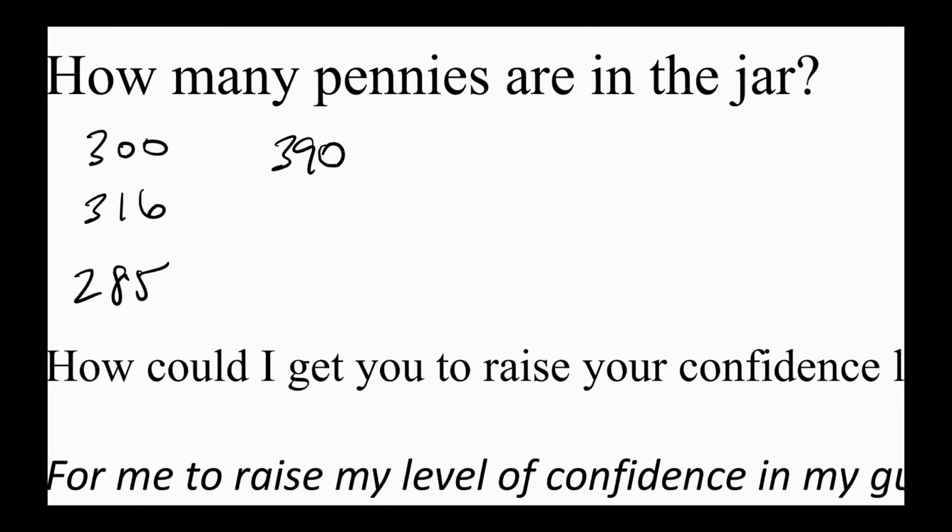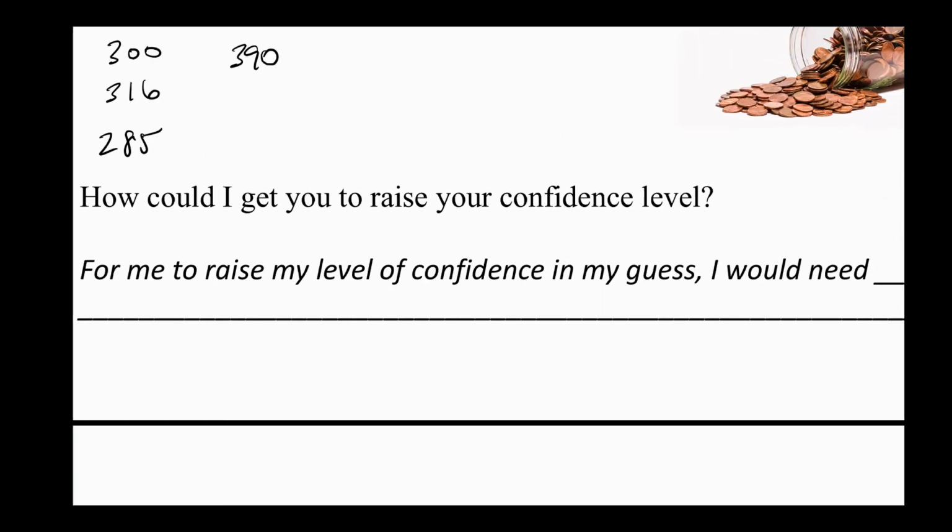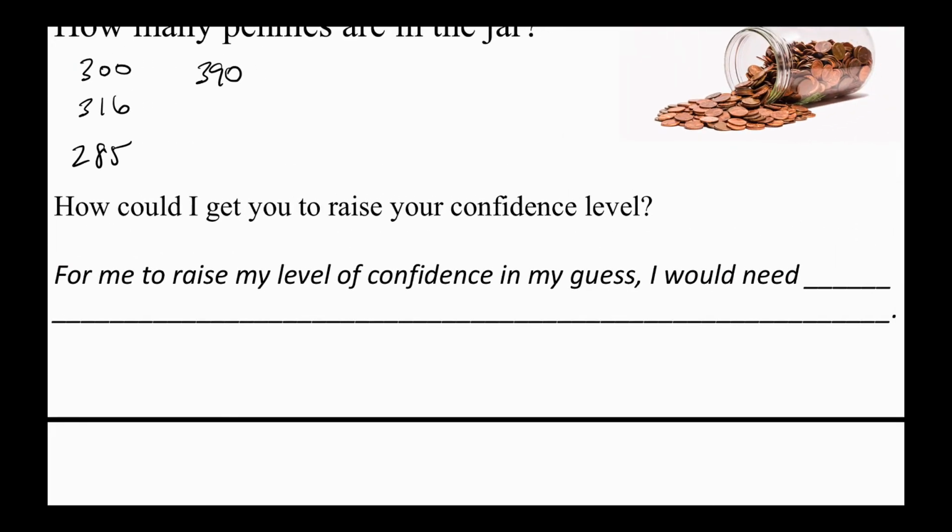Even if I gave you a leeway of 500 pennies and you said between 200 and 700, that's not even close. So you can never be 100% confident, but your confidence level could go up.